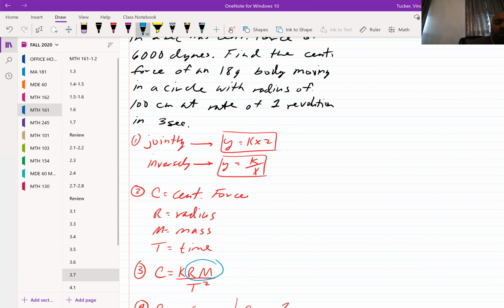So your joint setup has us multiplying these two up top, and then the inverse setup has us dividing by t squared. Any problems?